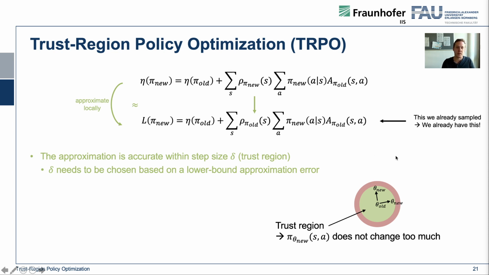If we can come up with a delta parameter like this, we can actually guarantee that our new policy is a monotonic improvement over the old policy. So the policy is improving, and if we keep on iterating using this procedure, we can guarantee a monotonic improvement to our policy.